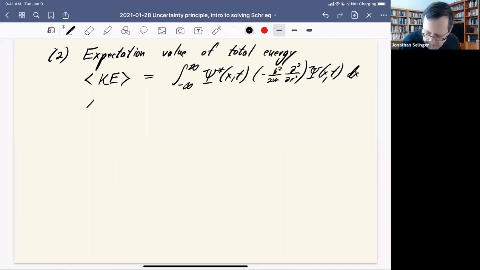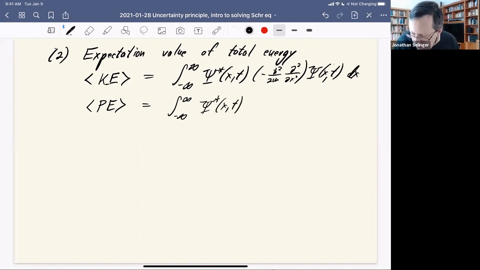The expectation value of the potential energy is likewise the same thing in the integral sandwich with the V of x.